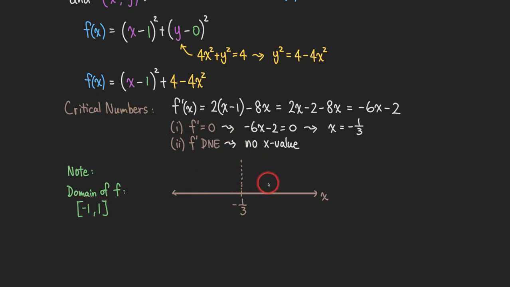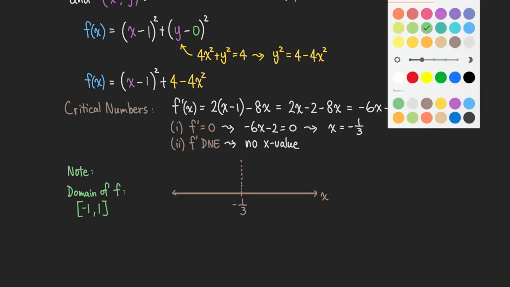But I'm still showing you that we can also apply the theorem that we talked about, the first derivative test for absolute extreme values, where it says that if there is only one critical number, and the function is continuous on the domain, then the local extremum is also an absolute extremum. Yes. So both ways will work and give you the same answer. Okay, so let's just pick some number here. We need to pick something that's in the domain, right?